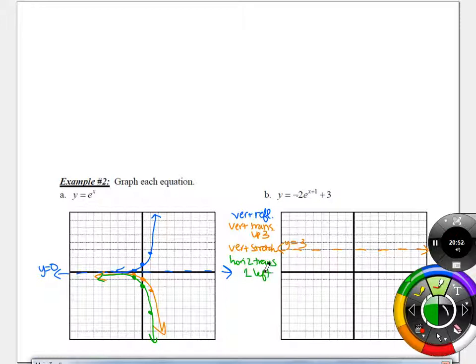So is it okay with you guys, since I've done all the stretching and reflecting, that now if I take all those points and move them 1 to the left and up 3, they'll be in the right spot? That's what I didn't do on this graph so far. So 1 to the left and up 3. I personally like plotting that main point that used to be at (0, 1) first, because then I'm good at understanding where things are around it. I'm not saying you have to do it that way. I'm just saying it's helpful to me sometimes.